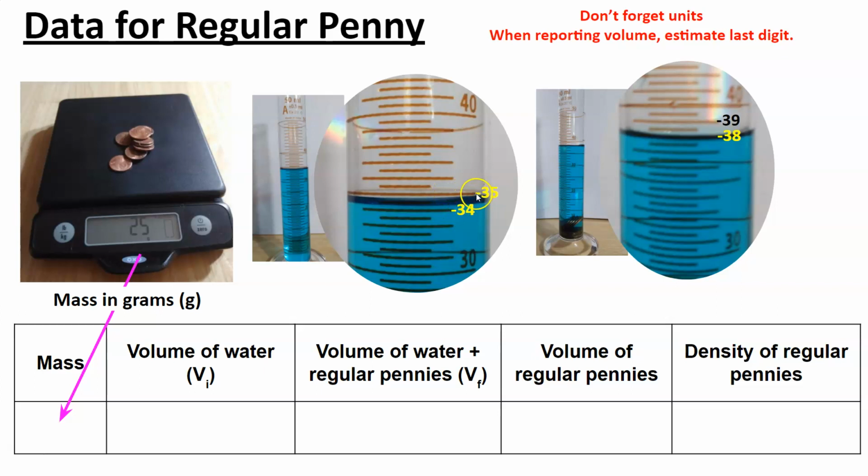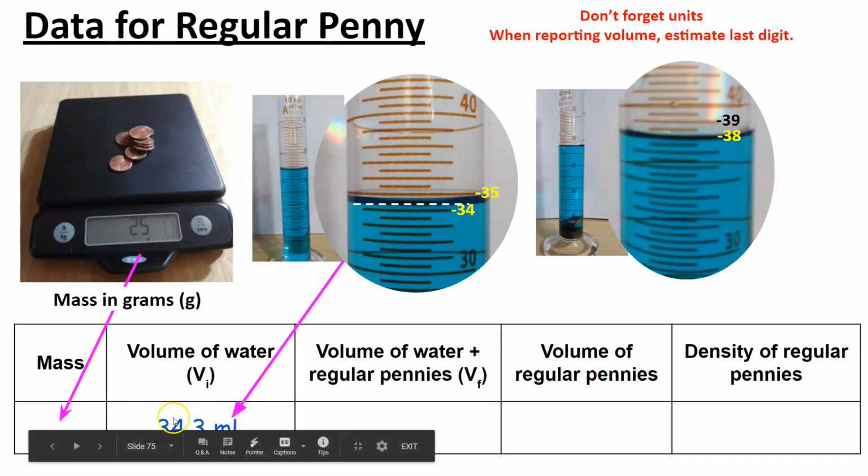So this is 34, this is 35. And the bottom of my meniscus is here. It's closer to the 34 than it is to the 35 milliliter mark. And so I estimated that to be 34.3 milliliters. Maybe you got something slightly different, but I'm reading the very bottom of the meniscus. So you want to add this value to your data.